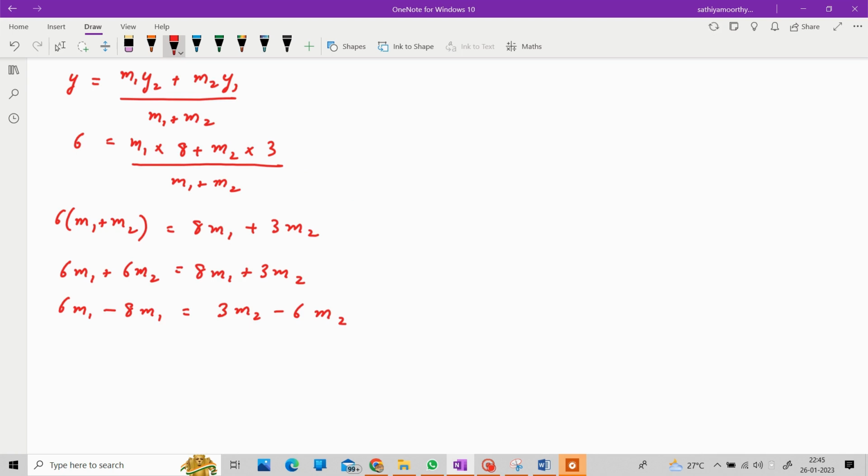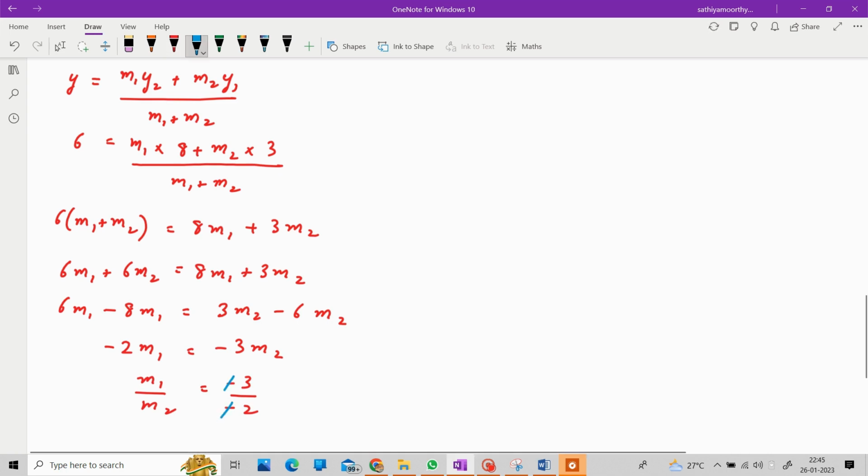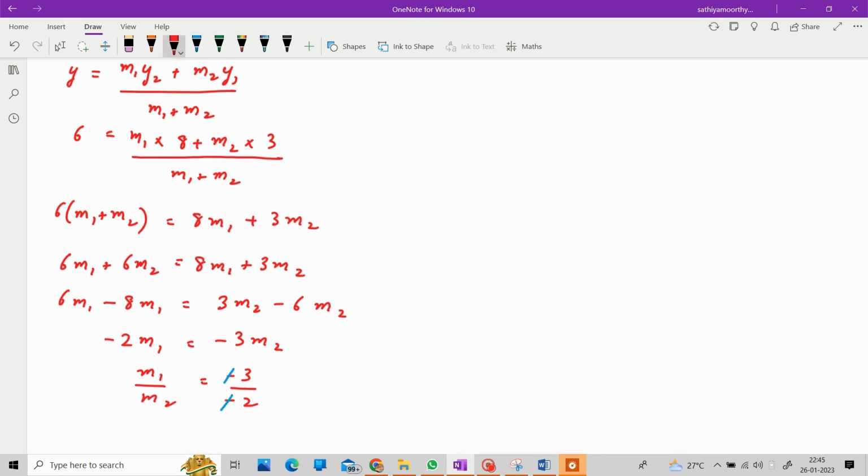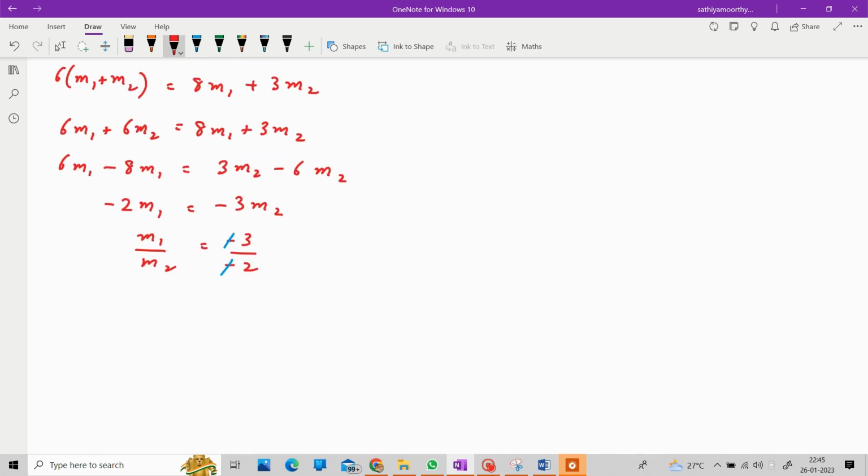Now let me simplify this. Here I'll be getting minus 2 m1, here minus 3 m2. m1 by m2 is equal to minus 3 by minus 2. So let me cancel out the negative sign. So I get 3 by 2. Therefore m1 is to m2 is equal to 3 is to 2.